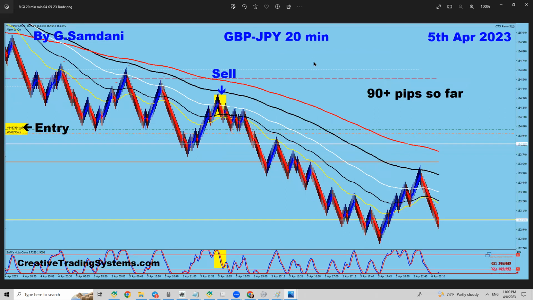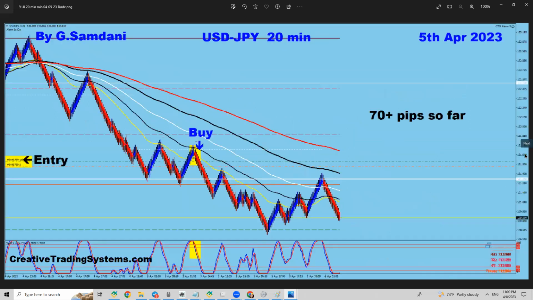And then here, pound yen, again from here, all of these were entries, and then this is all the way down here for 90 pip. USD yen on the 5th, entry from here, and it came down very close to hitting my SL, but then it didn't, then dropped again for 70 pip.